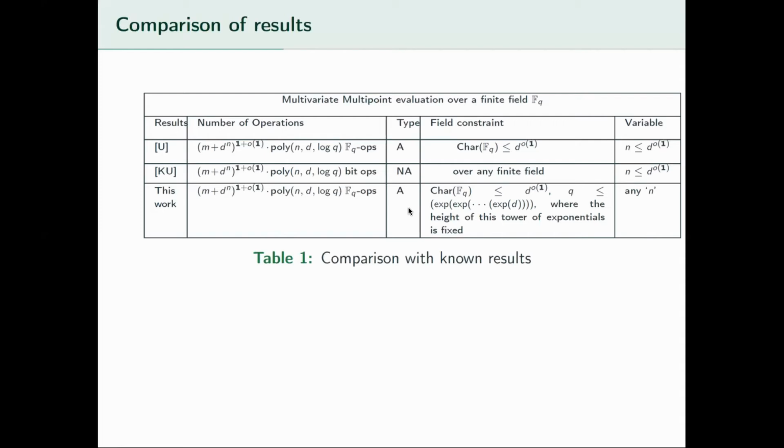A significant improvement comes in the variable column, the last column. Note that in both Umans' and Kedlaya-Umans' work, the number of variables was upper bounded by d^o(1), and in our case we make it work for all n. That's a step towards removing these constants one after another.